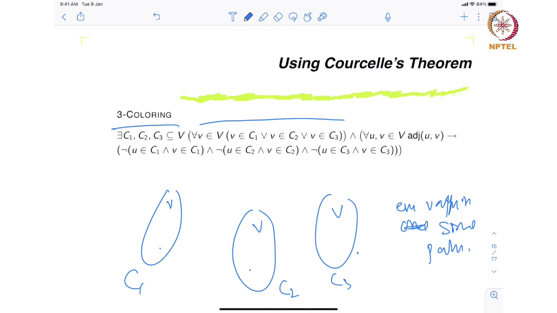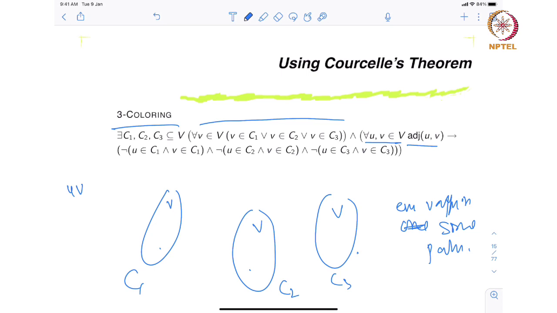And what else? For all u, v in V, if adjacent(u,v), look, suppose they are adjacent, meaning there is an edge. Then what I want to say is that both u and v do not appear together in the same part.